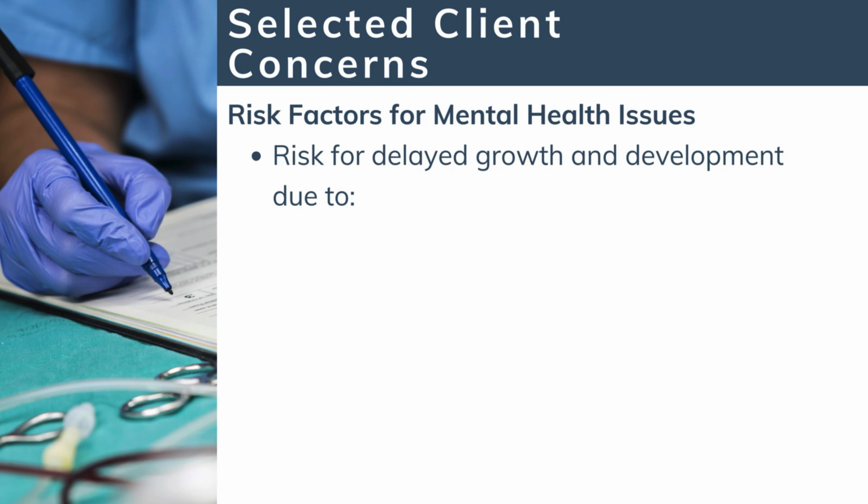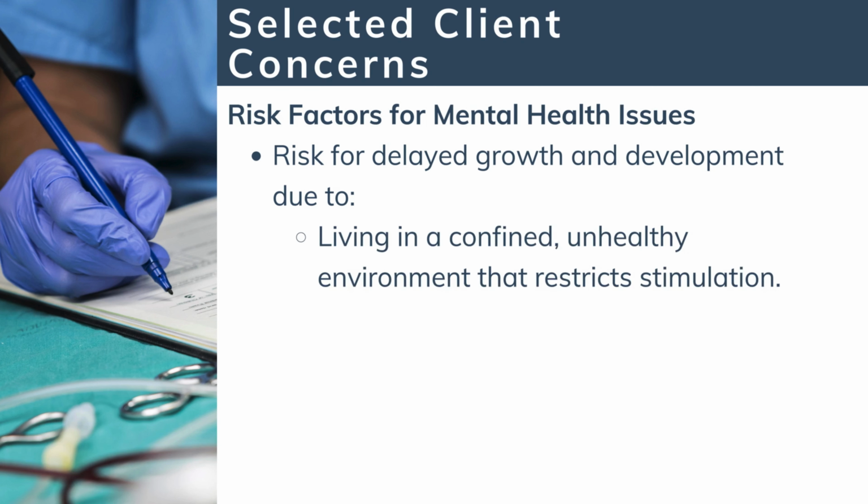Risk for delayed growth and development. This is associated with living in a confined or unhealthy environment that limits activity and stimulation. An example is a 6-year-old in foster care displaying poor social skills and emotional regulation.